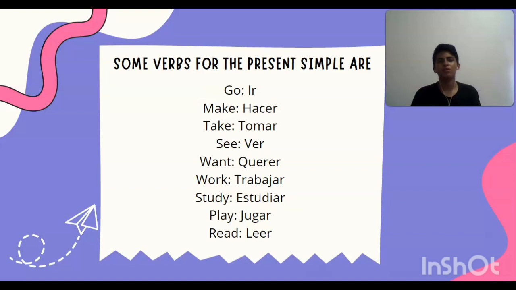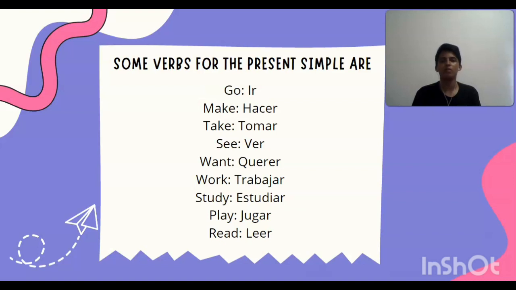These verbs are normally very used in schools in Colombia by the teachers. For example, they are the most common verbs in spoken English.